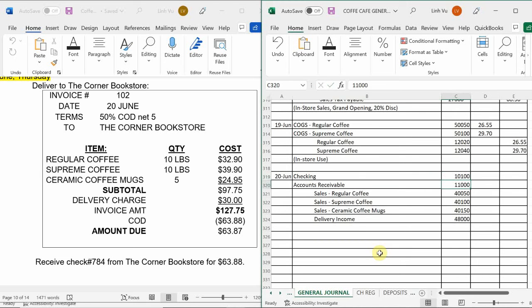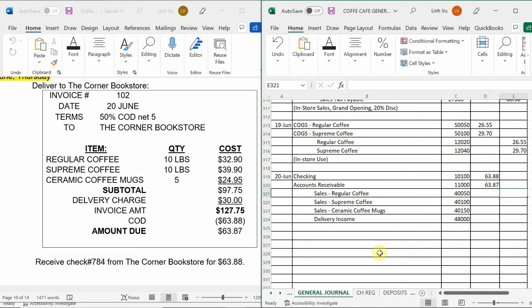How much was the check for? 63.88. How much does the corner bookstore owe me? 63.87.